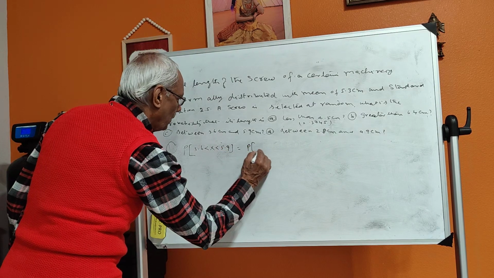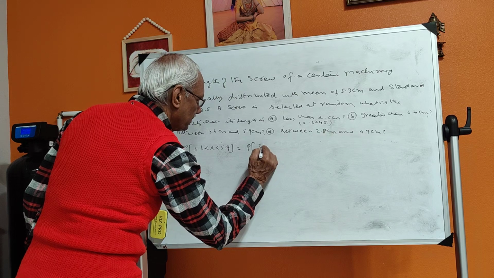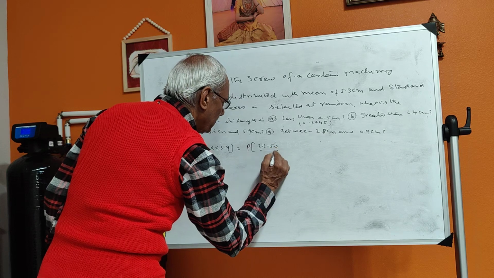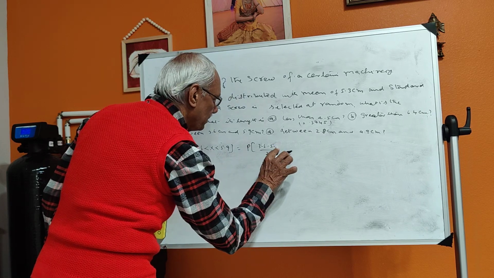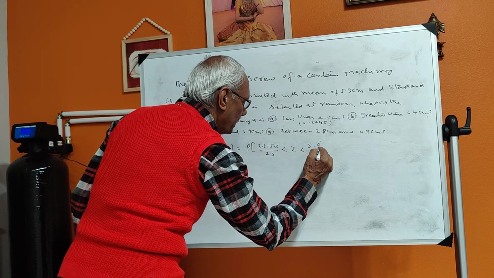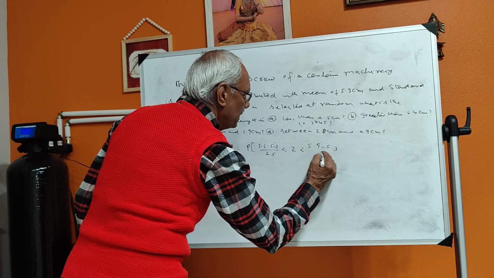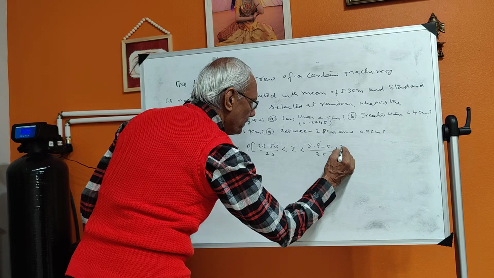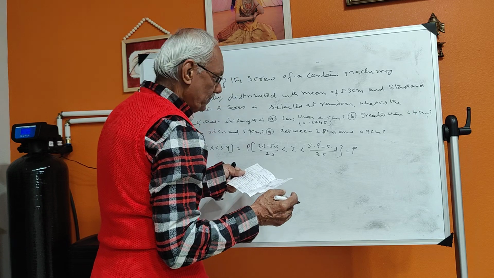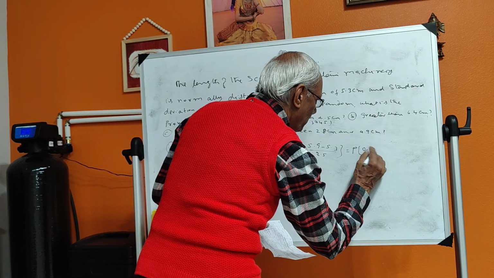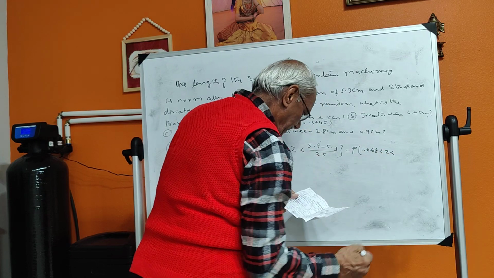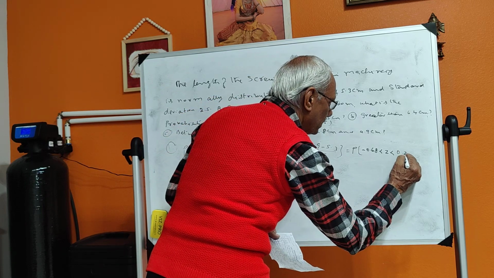So this is nothing but P of (3.6 minus 5.3) divided by 2.5 less than z less than (5.9 minus 5.3) divided by 2.5. So this is P of minus 0.68 less than z less than 0.24.